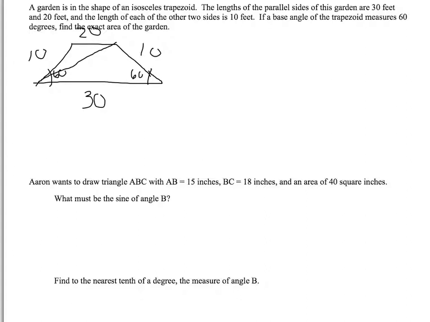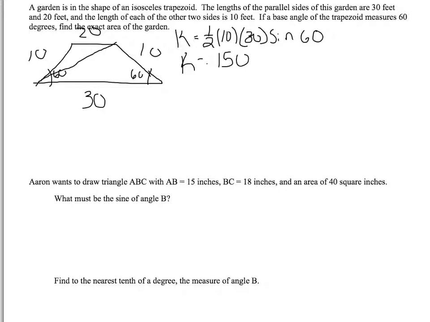Well, a trapezoid, you can split it into two triangles, however they're not equal. So we've got to find the area of each triangle separately. Let's start with the bottom triangle. The bottom triangle, we've got our two sides and the angle in between. So that area of the bottom triangle is going to be 1/2 times 10 times 30 sine of 60. 1/2 times 10 times 30 is 150.